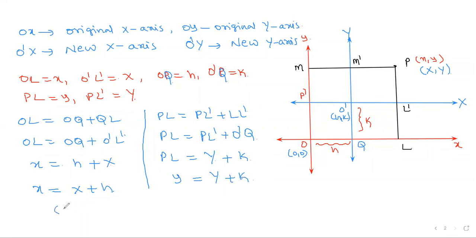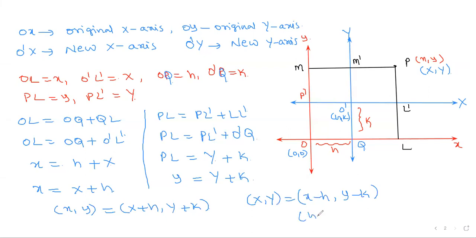That means if x comma y are the original coordinates, then it is transformed to capital X plus h comma capital Y plus k. From this, capital X comma capital Y is equal to small x minus h comma small y minus k, and h comma k is equal to small x minus capital X comma small y minus capital Y. Do you understand?